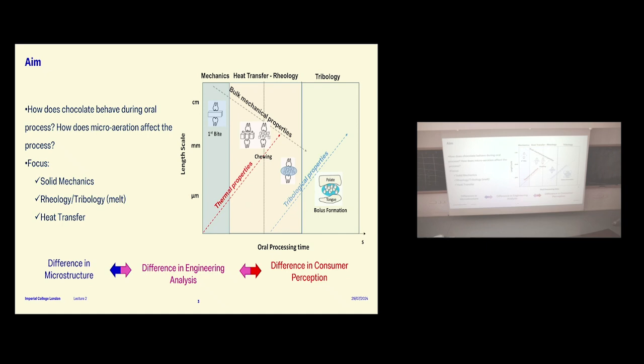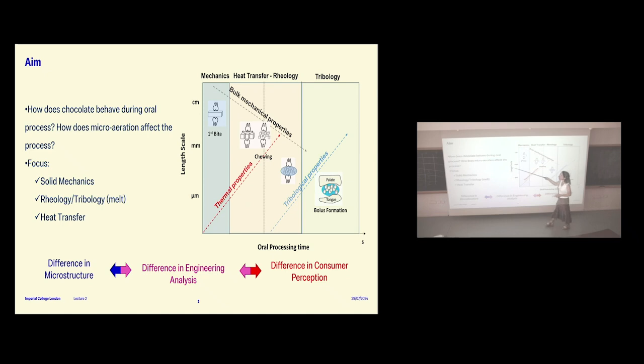So the hypothesis is here that we have chocolate which varies in volume fractions of air being pumped into it. This is micro-aerated, so the average size is around 20 to 40 microns, which you do not see by eye, so you're not going to realize that you're eating aerated chocolate, to small volume fractions, about 10-15%.